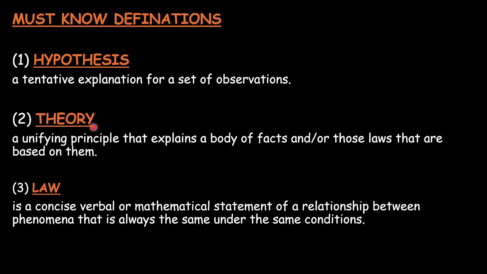A law just tells you that, okay, when you kick a ball, this will happen, but it doesn't tell you why it happens. And a theory will try to explain why that thing happens. So that's the difference. So let's make sure, guys, that we understand these key definitions, because they do ask this in tests. They'll ask you to define what a hypothesis is, what a theory is, and what a law is.